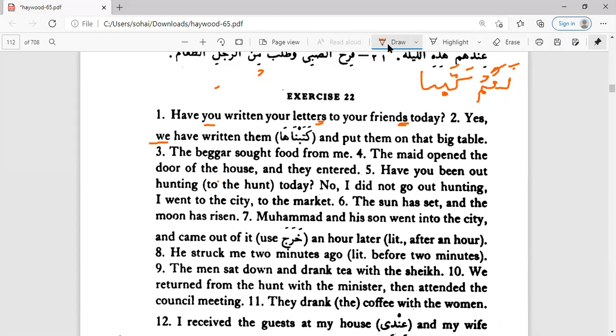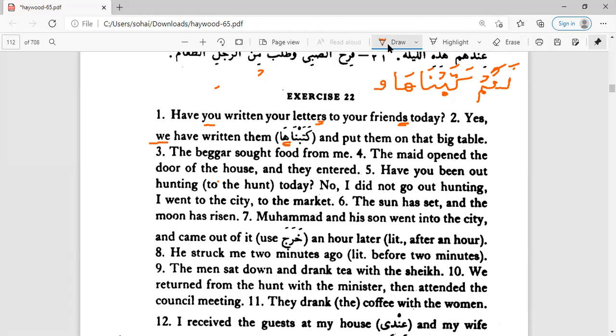The difference between this and the feminine third person plural is that the feminine doesn't have the alif after it, but this has the alif. Na'am katabna. It tells you here, written them, referring to letters, makatib, so it's a broken plural, so it's considered feminine singular for agreement purposes, so we write ha. So now katabnaha.